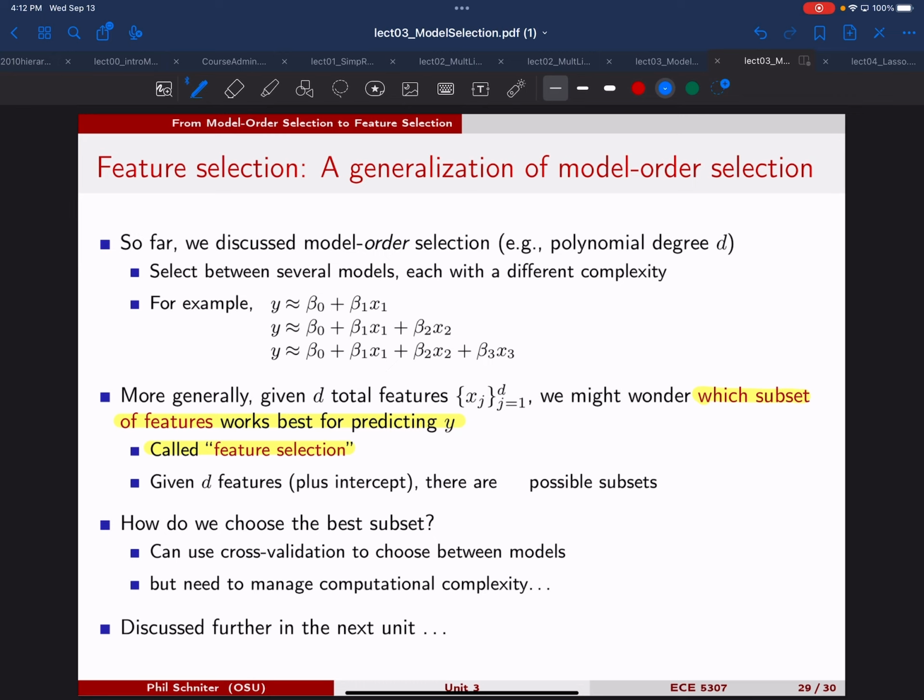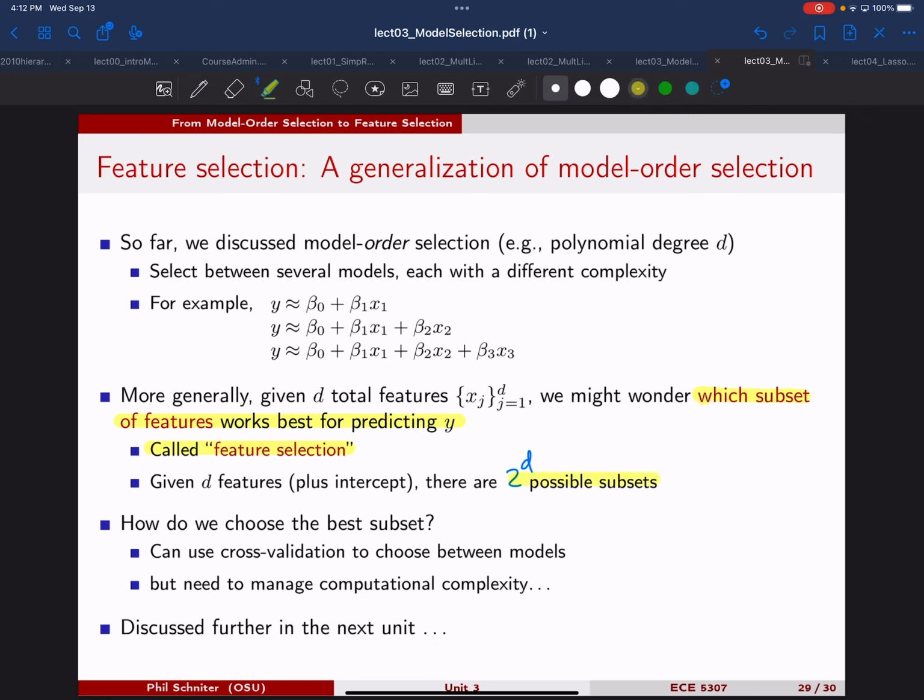Each of these features, whether we use it or not, is like a binary choice, right? So we can parameterize the subset by a binary vector of length d, because we have d of these, right? So yes, we do have 2 to the power d different choices of features that we can use at this point. So 2 to the power d possible subsets.